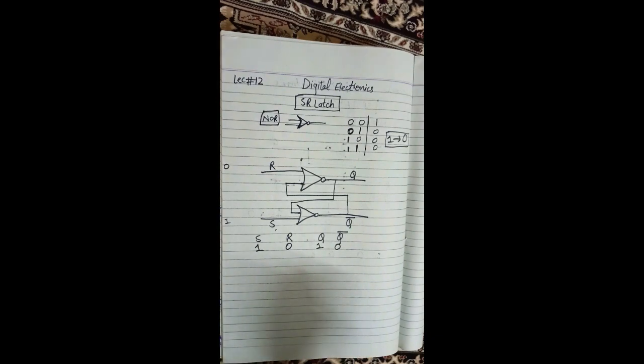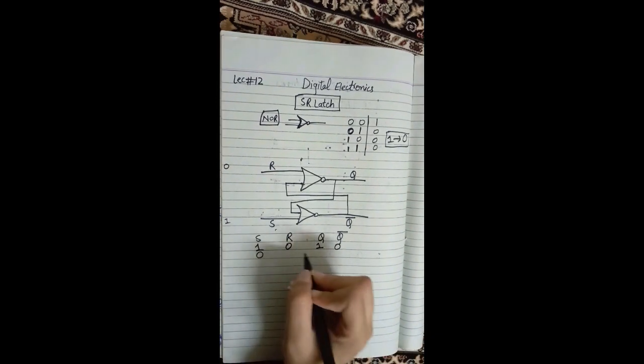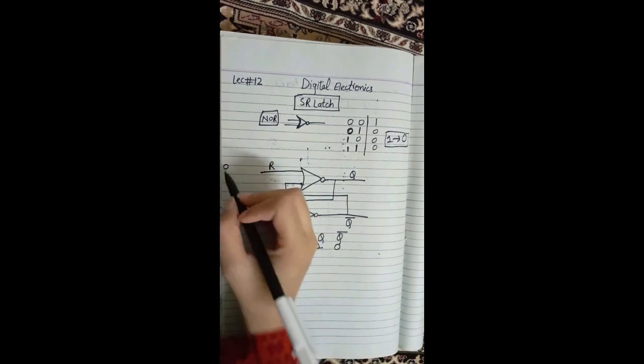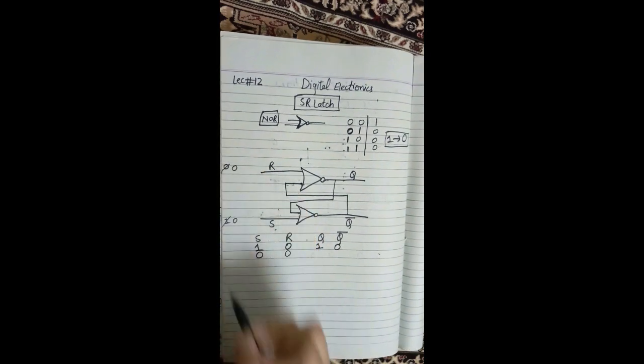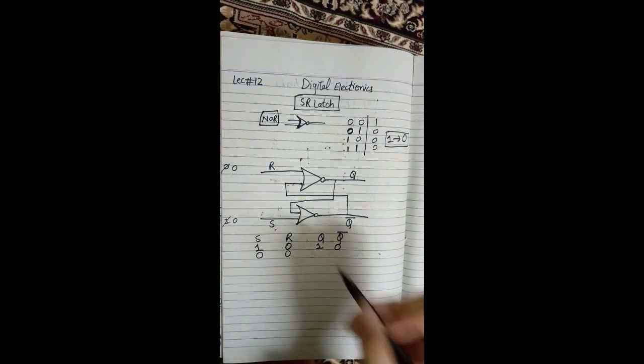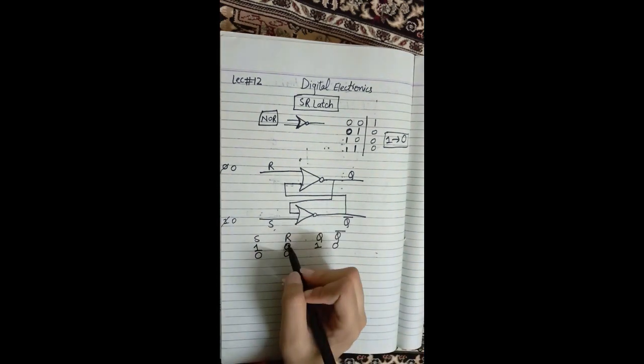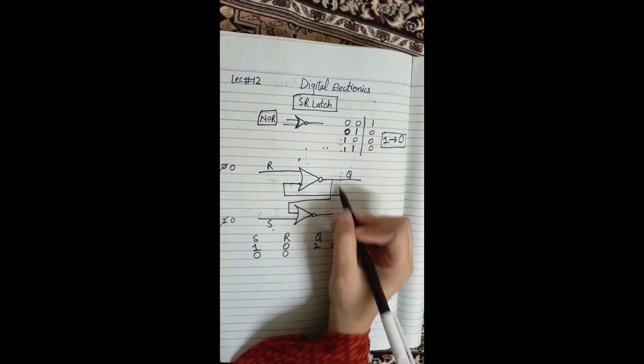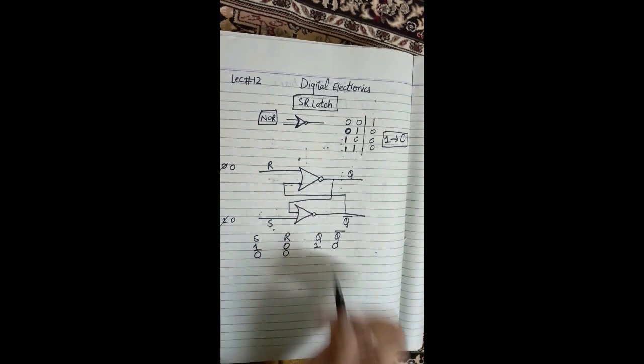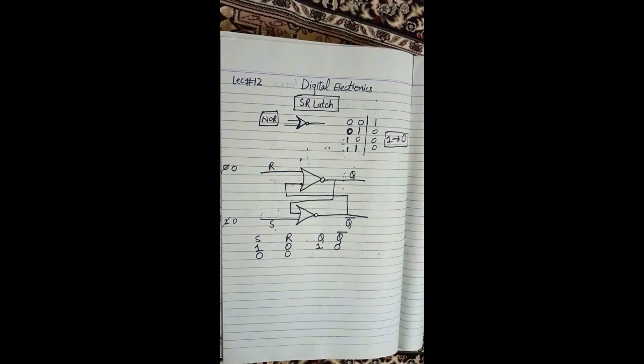Now we will solve the second one, where S is 0 and R is 0. If S is 0 and R is 0, we can see that we should know the other input so we can solve the NOR gate further.